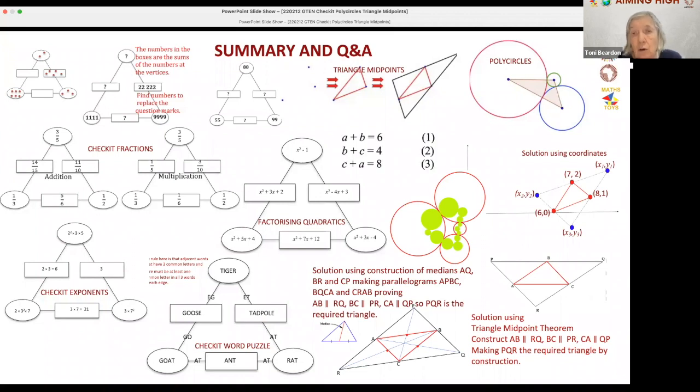And all of these geometry examples, the polycircles and the triangle midpoints, can be thought of as solving 3 very simple equations in 3 unknowns, where you know what the edge lengths are, or you know something about the formula for the midpoint of a line segment.